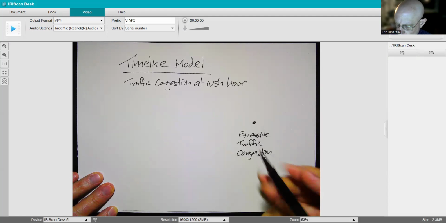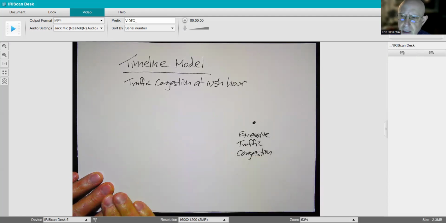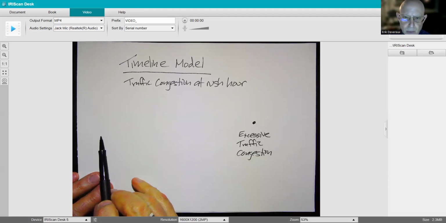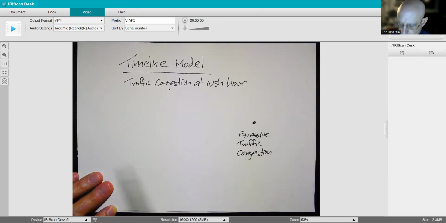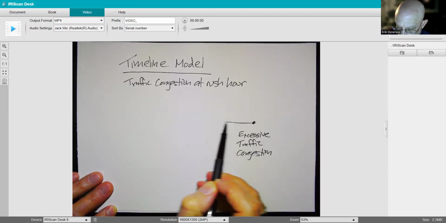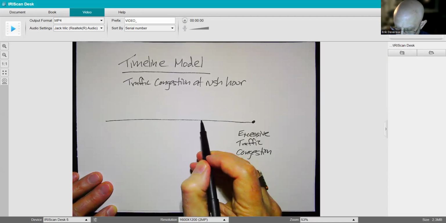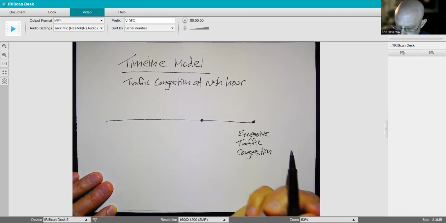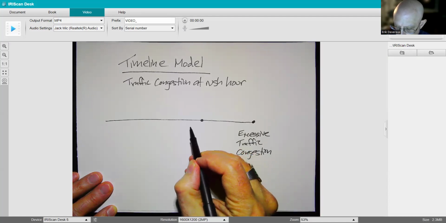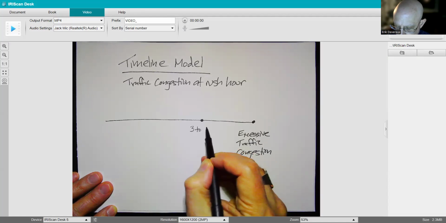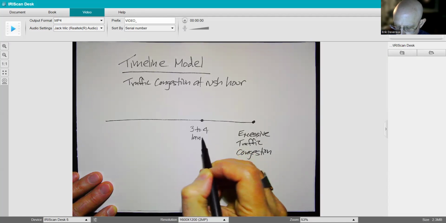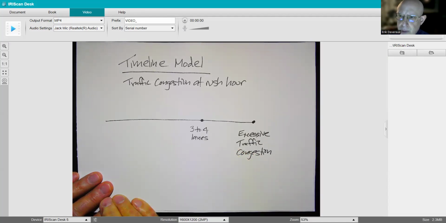But now what we want to do, and this is what the book counsels all the time, we don't start from the beginning. We start from where we are and we work backwards. So there was a sequence of actions that got us here, okay? And if we look back at a certain point in the past, we see that we went from 3 to 4 lanes on the major highway, okay?